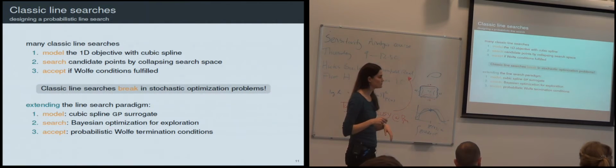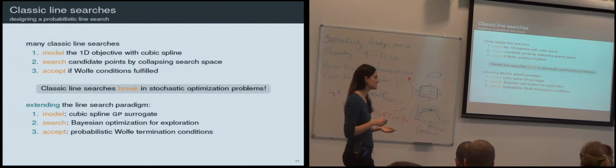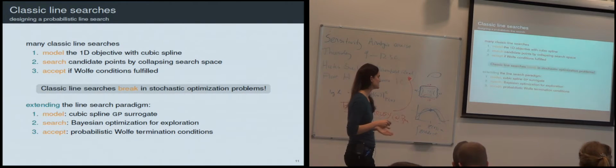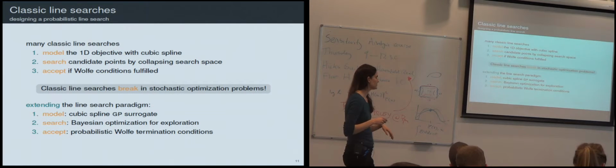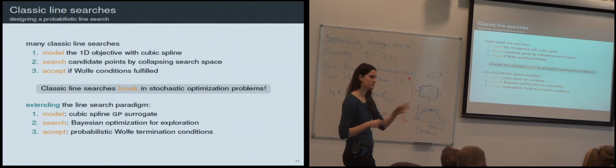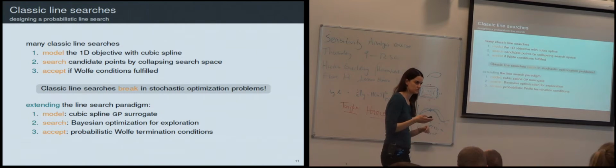So instead of cubic splines, we're going to use a special Gaussian process where the means are cubic splines. Then instead of collapsing the search space for suitable candidates, we're going to do some kind of lightweight version of Bayesian optimization. And instead of binary Wolfe conditions, accept or not, we're going to have some probability that the Wolfe conditions are accepted.